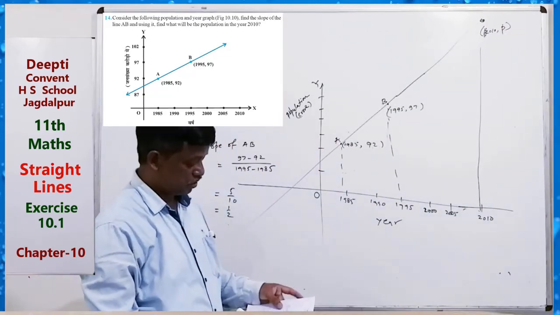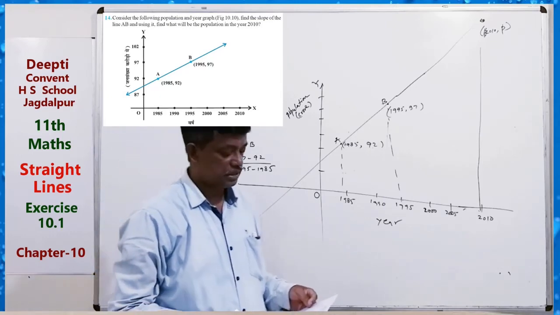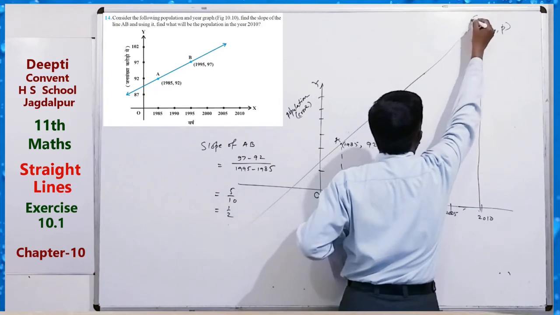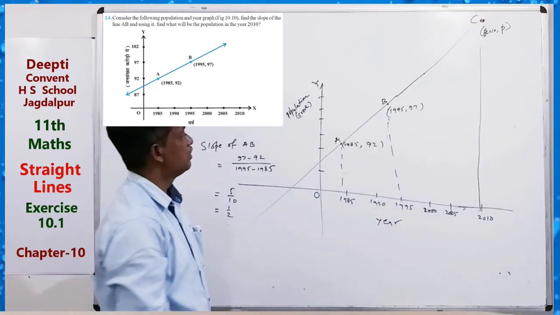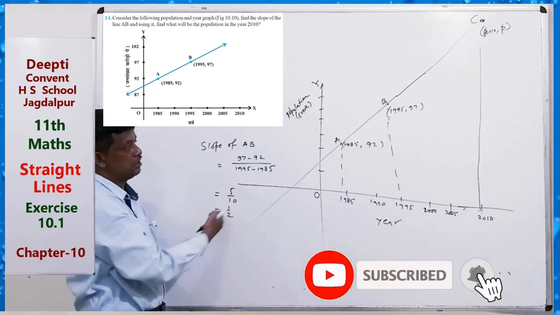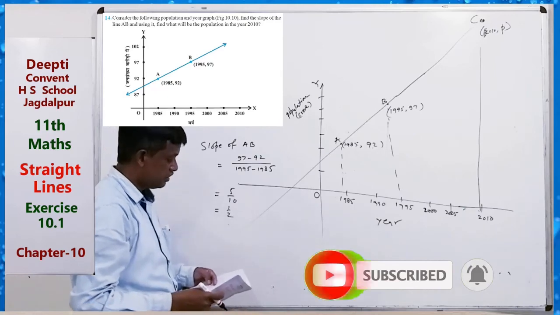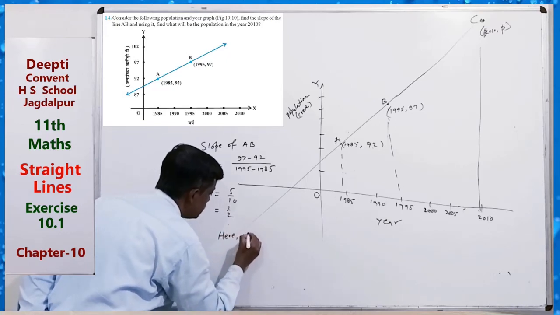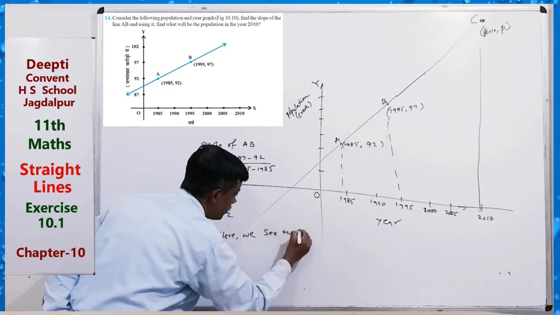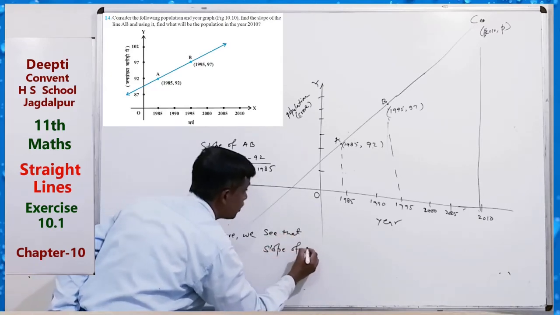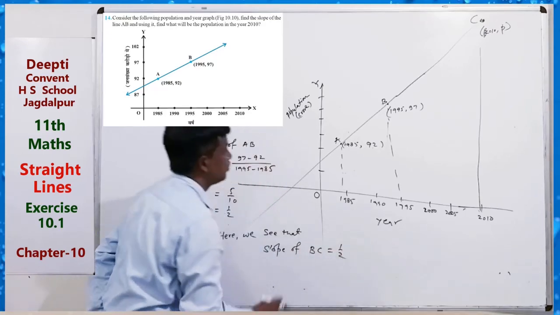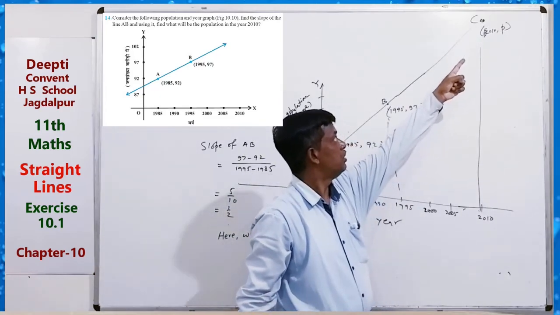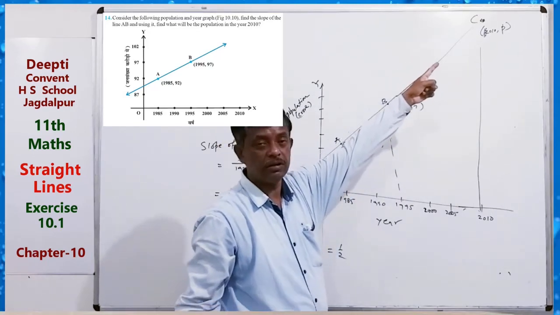So how can you find this value? The slope of this line is half. If this is another point C, then the slope of BC is also half, and the slope of AC is also half, because the point P at 2010 lies on this line.